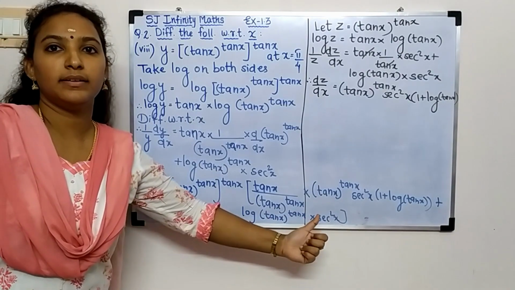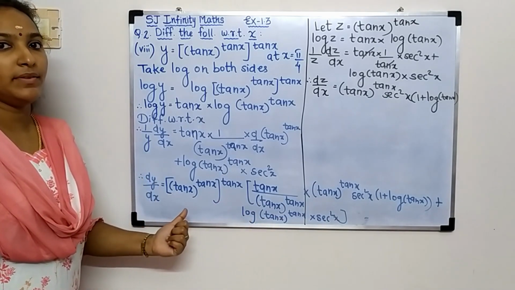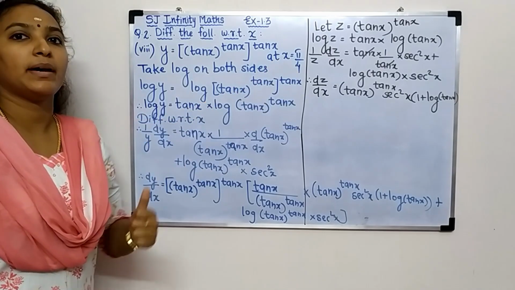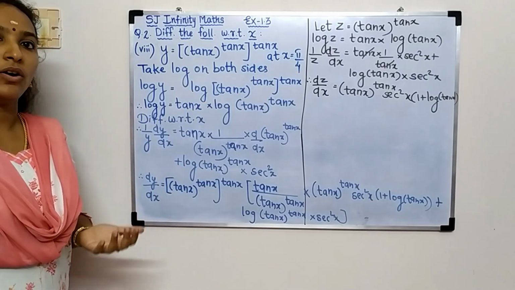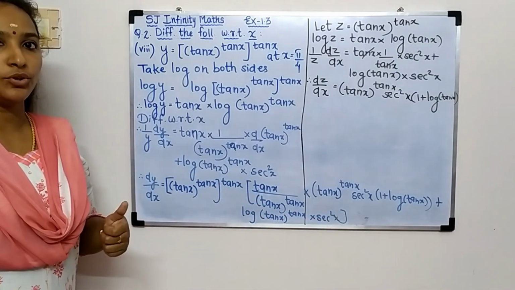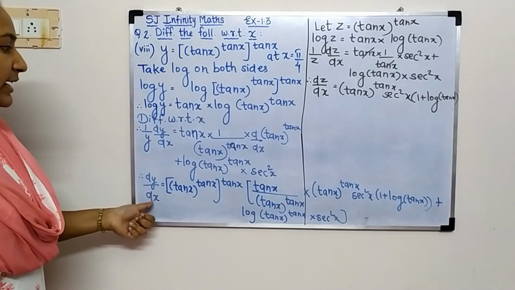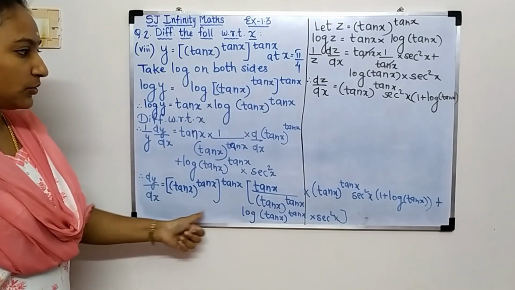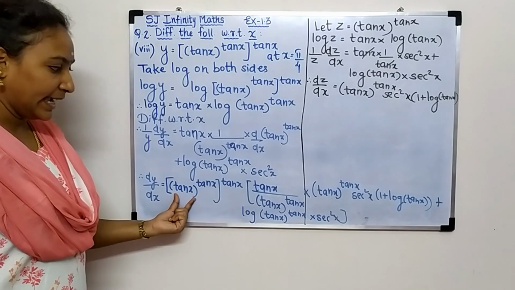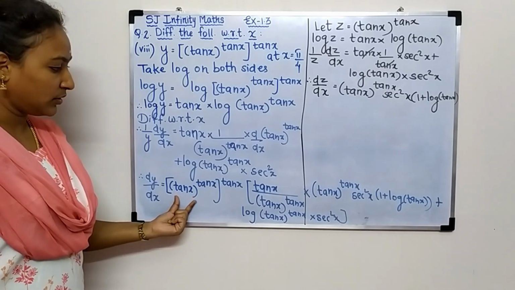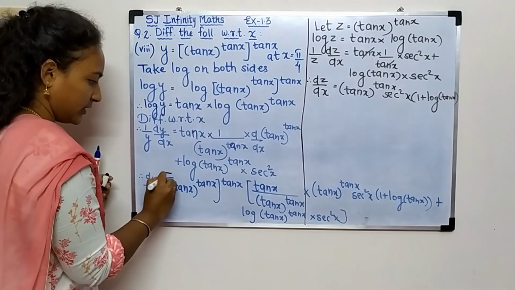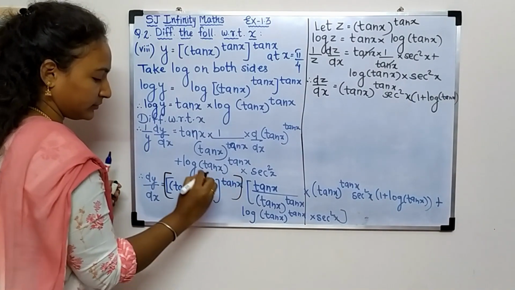Such a lengthy term, but the answer will be very easy because we know that at x equal to pi by 4, tan pi by 4 is always 1 and sec pi by 4 is root 2. So let us substitute for x equal to pi by 4. Tan pi by 4 will be 1. 1 raised to 1 is 1, so this part is 1.